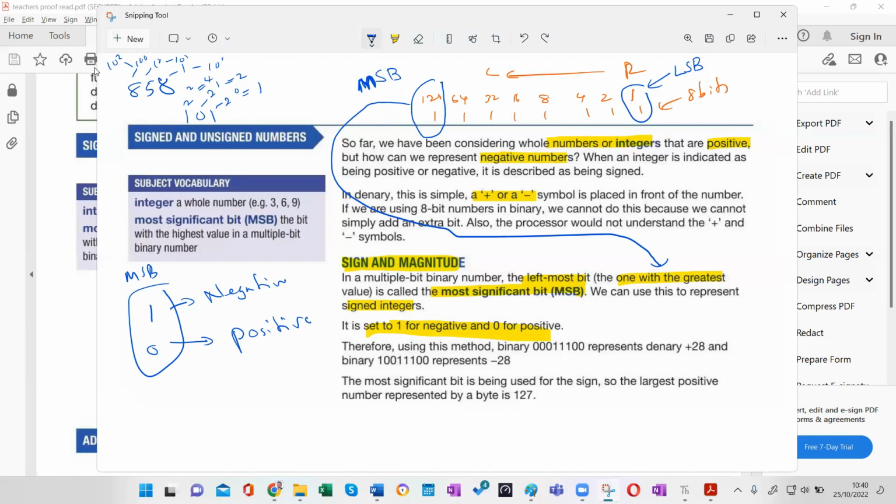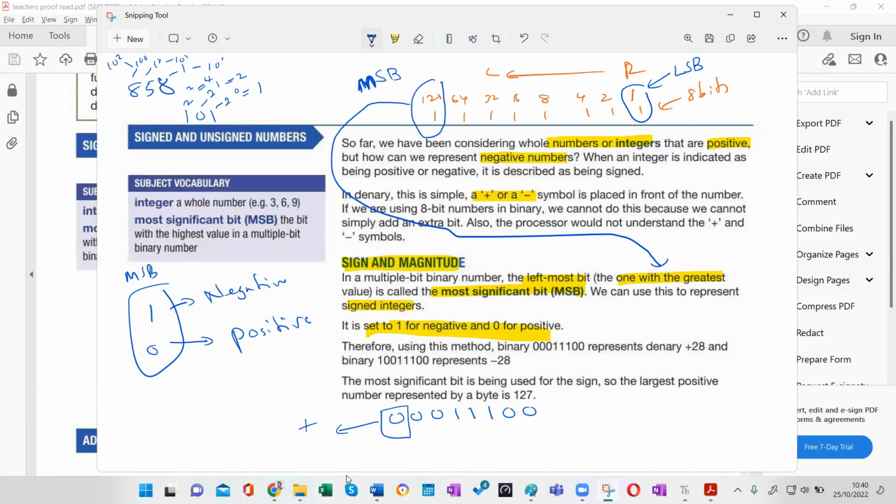Simple. Therefore, using this method, binary 0 0 0 1 1 1 0 0. You can see the most significant bit is 0, so this is going to be a positive number.